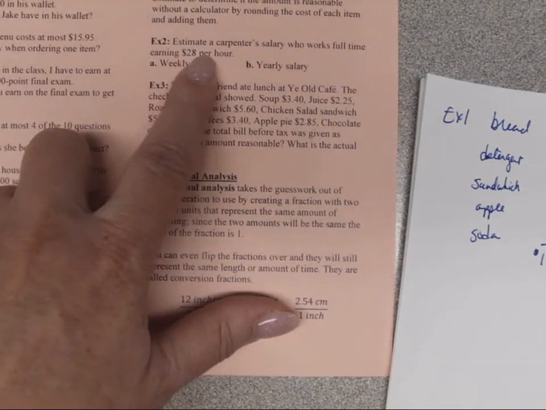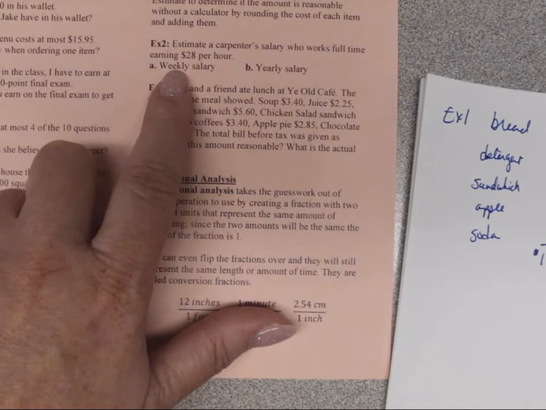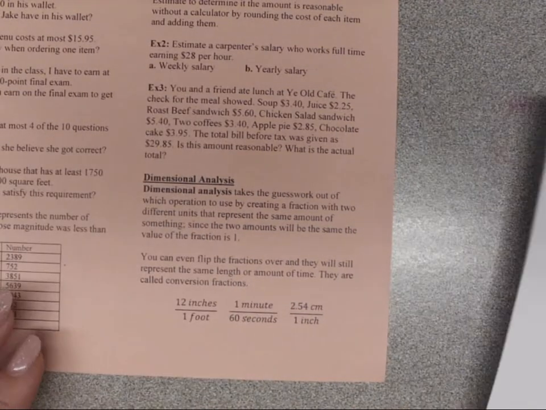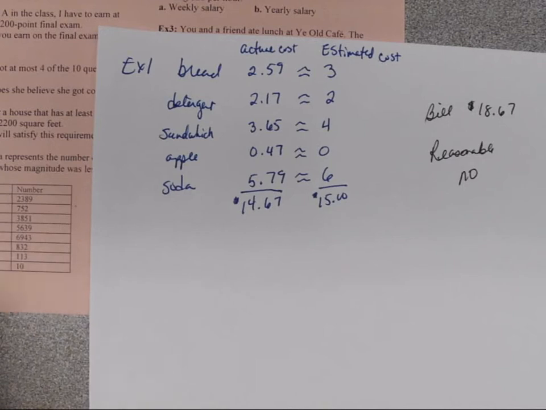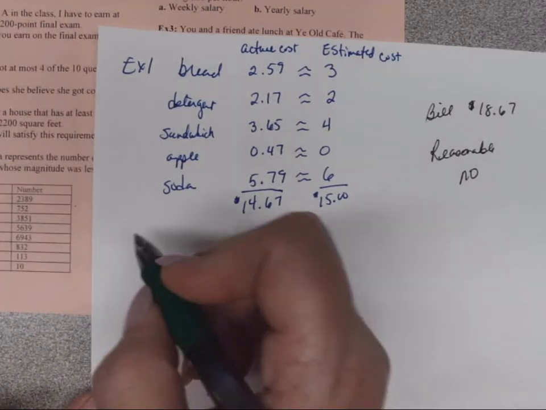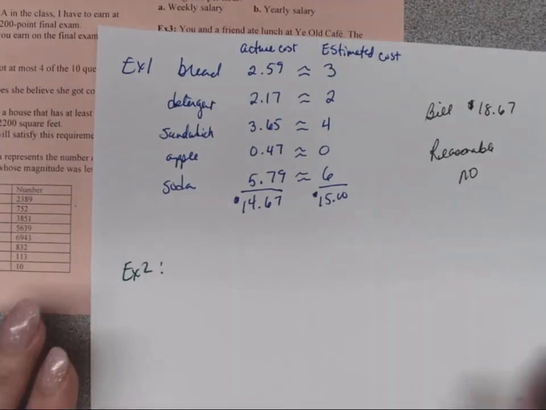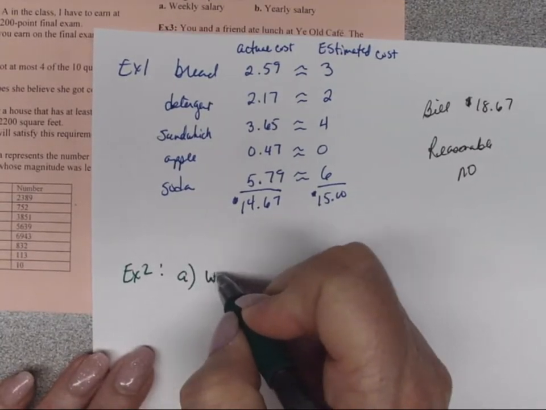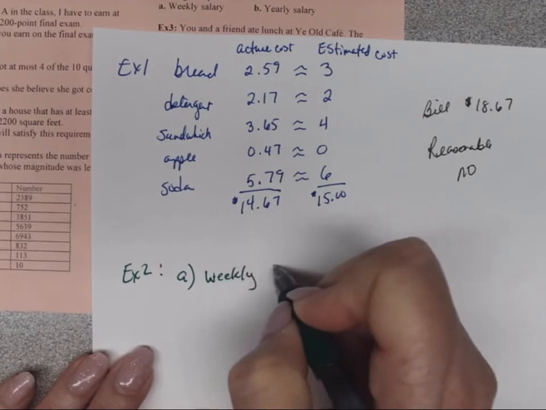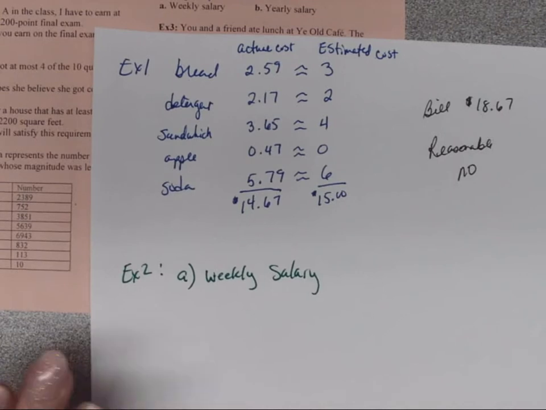For example 2, we're going to estimate a carpenter's salary who works full-time earning $28 an hour. We're going to look at his weekly salary and his yearly salary. So for example 2, we are looking at part A, his weekly salary. Now, he earns $28 an hour.